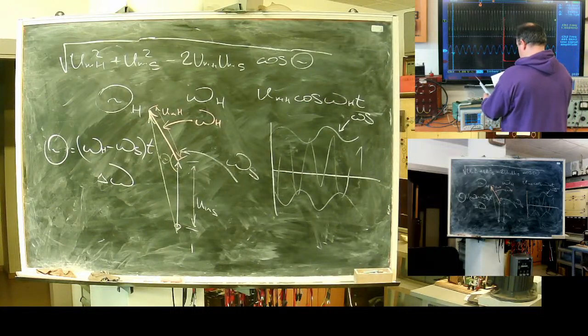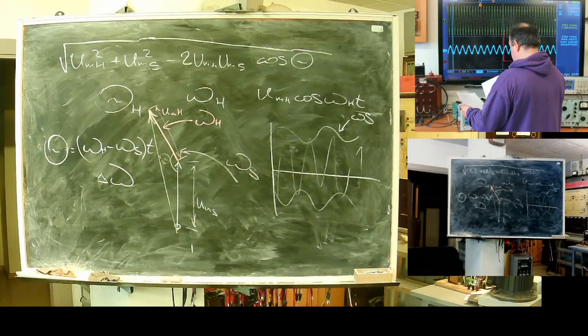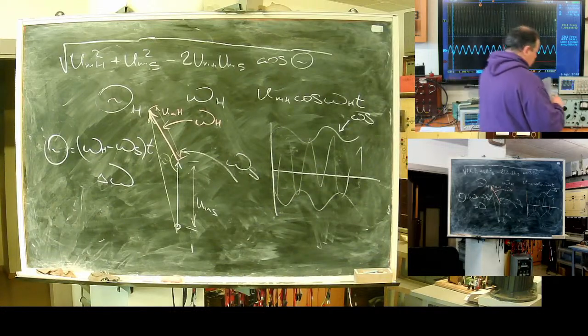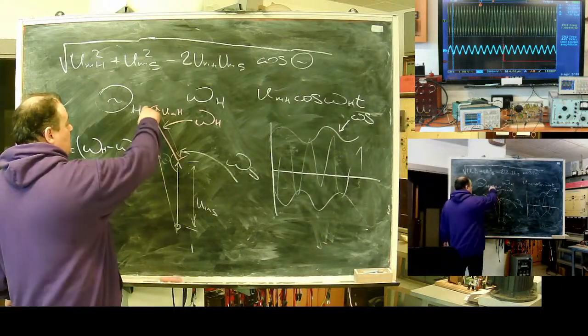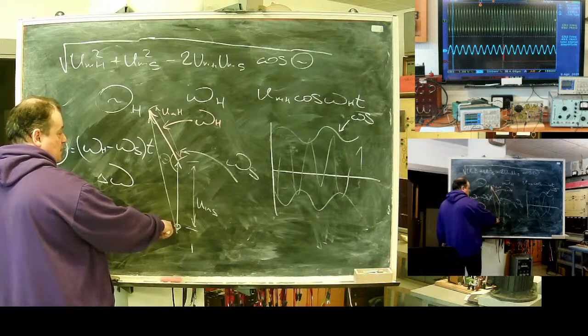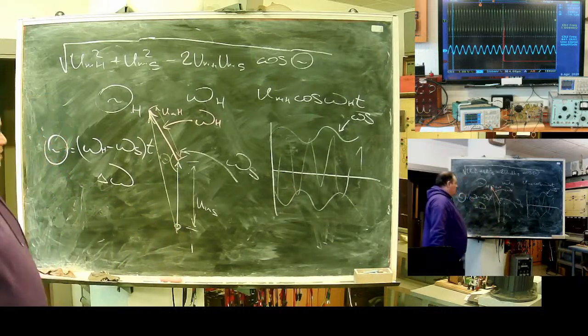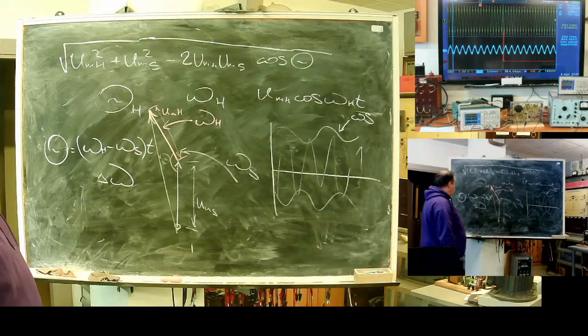Cosine. Moment, I didn't show. The amplitude of this yellow vector changes in a law of cosine.